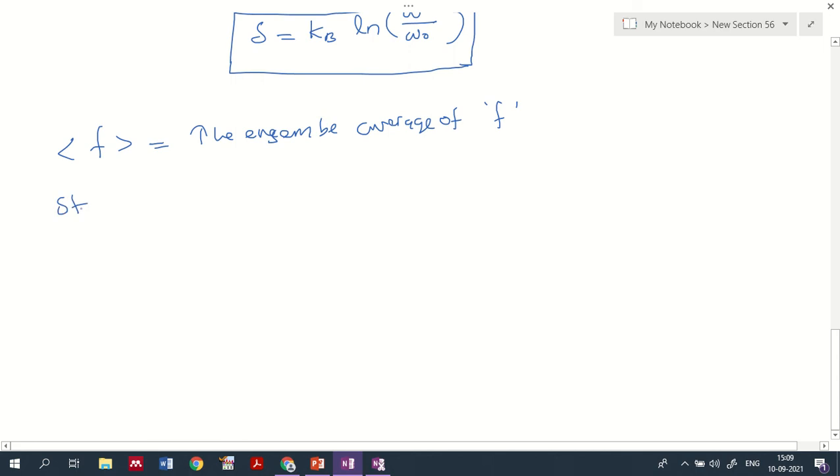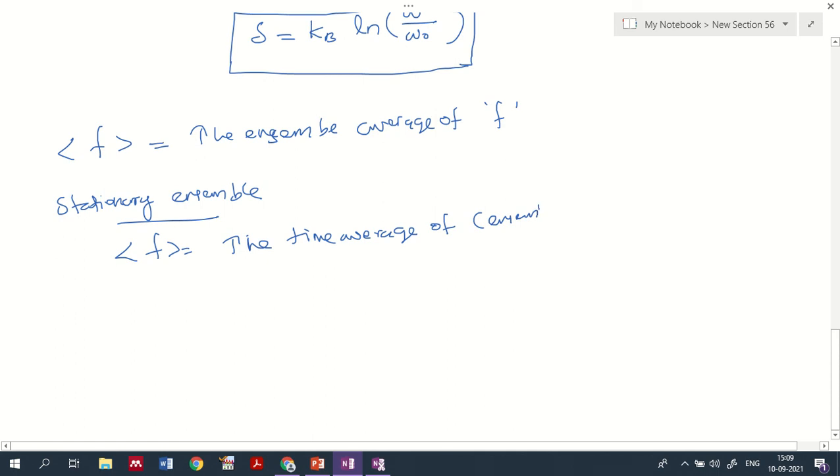Now if I consider a stationary ensemble, the time is not varying in that case, so I can take the time average. I can represent the above equation as a time average of the ensemble average.